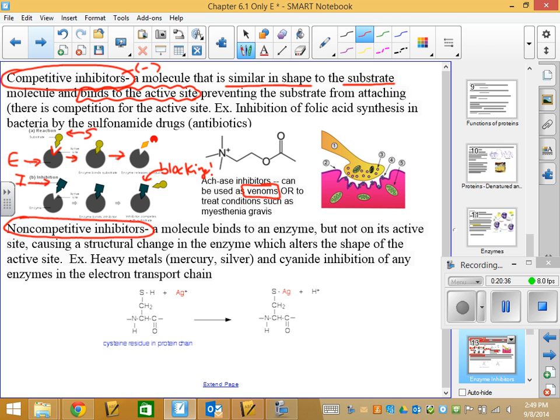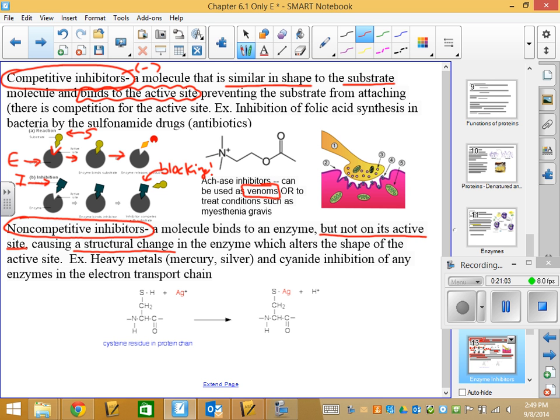Now, the other type of inhibitor is a non-competitive one. It's something that binds to an enzyme, but not on its active site. The idea is that when it binds to the enzyme, even though it's not actually on the active site, it causes a structural change.